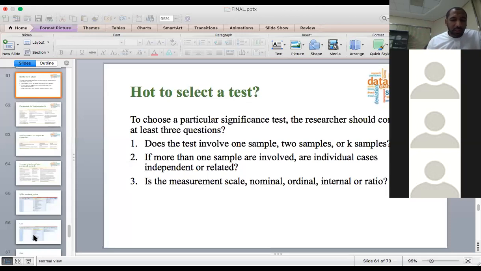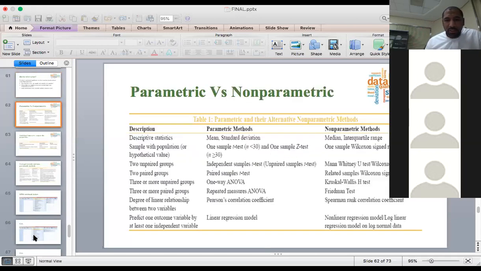If we'd like to study the relationship, we do what we call crosstabs or a chi-square. And so on. So you have to have a good background in statistics in order to apply the right statistical test. Now, these are the different types of parametric and non-parametric.